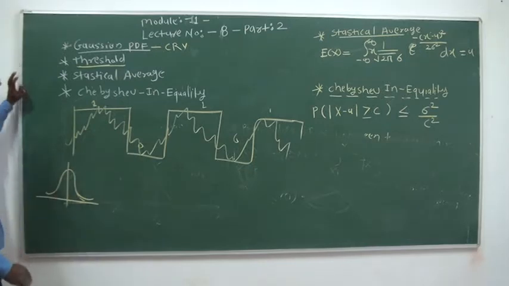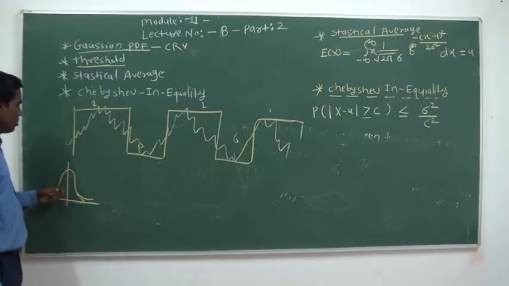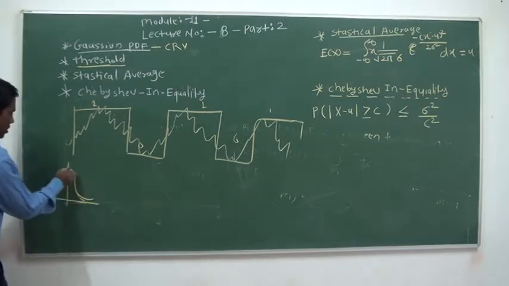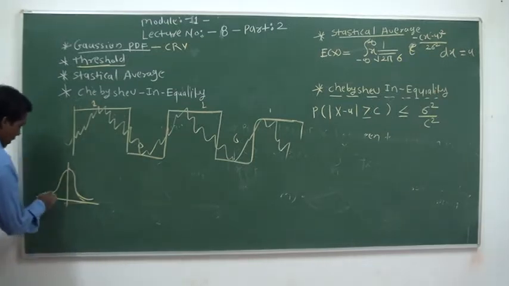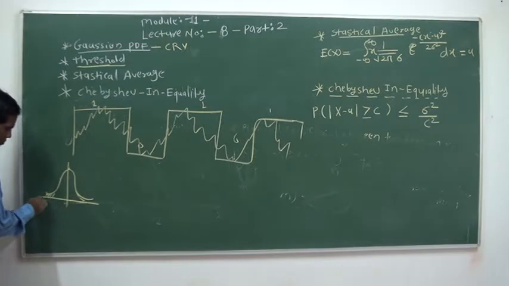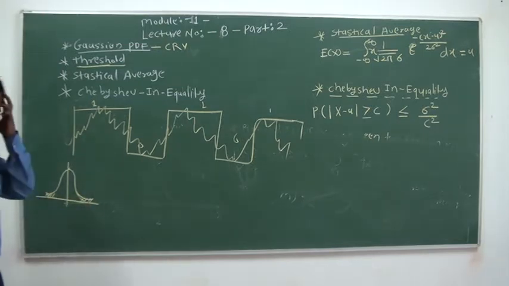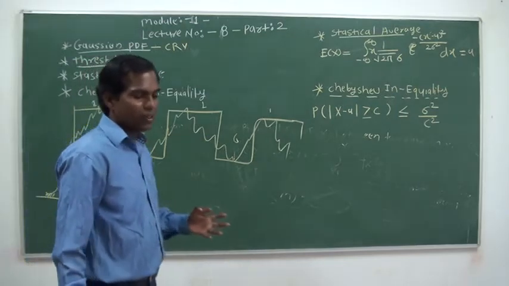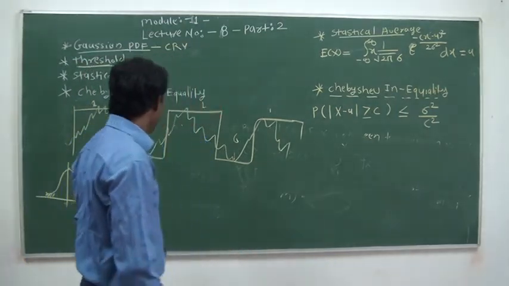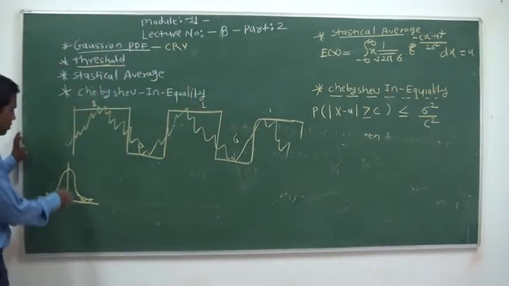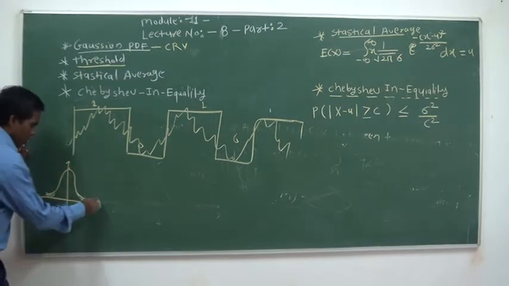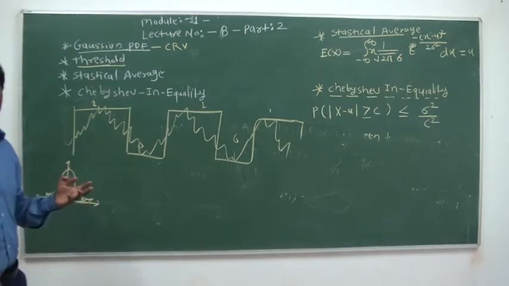here at x equal to 0, the value of mu is maximum. So the peak value is maximum, but as the value of the random variable x increases, the value of the probability density function decreases. So how do we decide which data will be received?